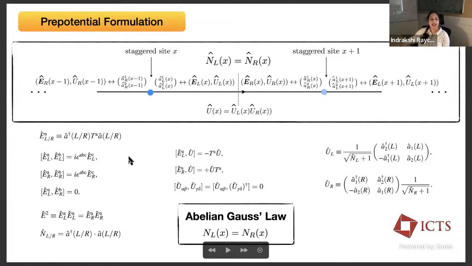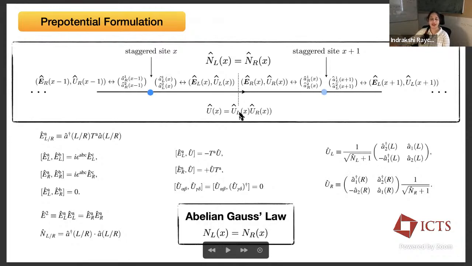And as a result of this construction, this electric field is constructed out of these left and right oscillators, and surprisingly, this link operator, which is an SU(2) group valued matrix operator, is also constructed in terms of these oscillators.